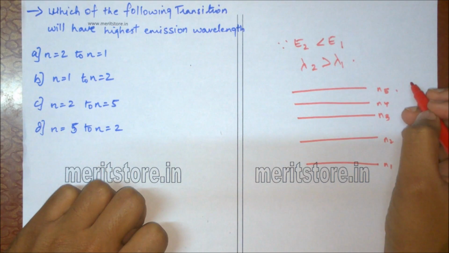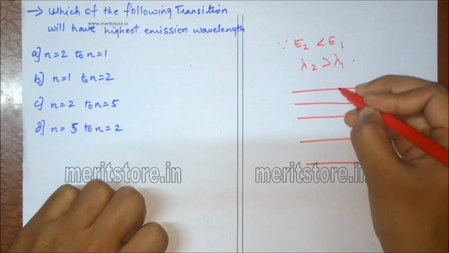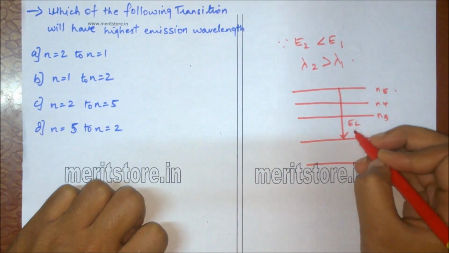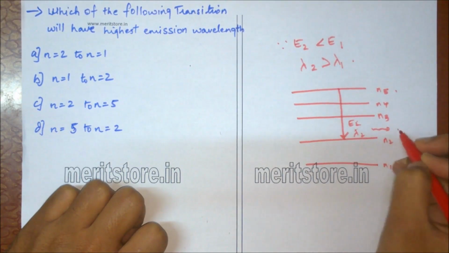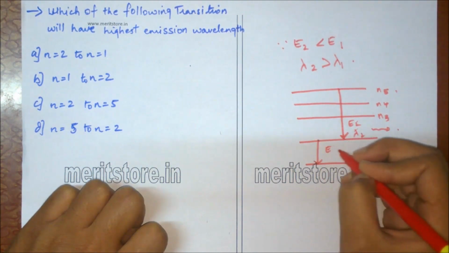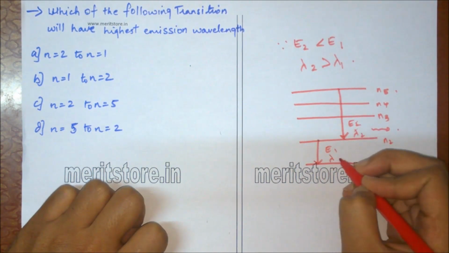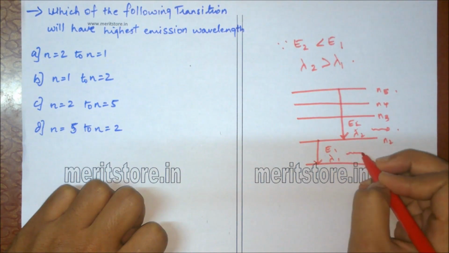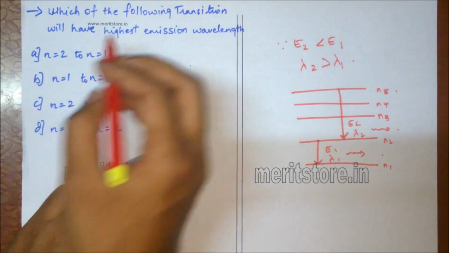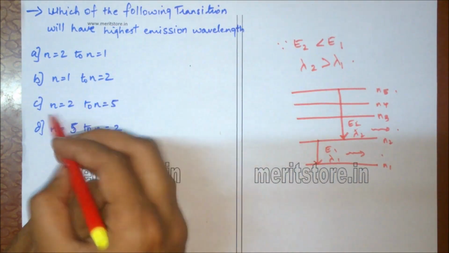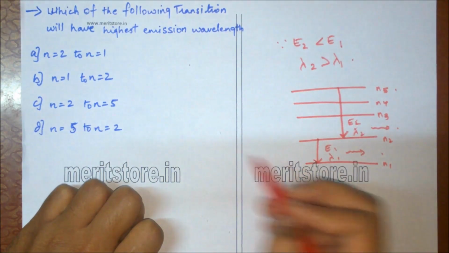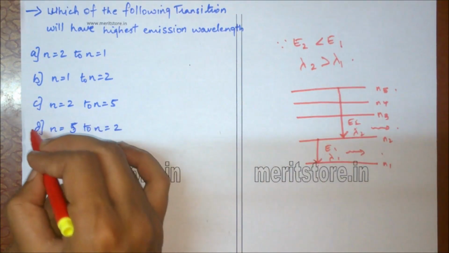From energy level 5 to energy level 2, this is E2 and lambda 2. And for E1 to lambda 1, which is the minimum energy level. So the transition for highest emission wavelength will be from N5 to N2. The maximum gap difference, option D.